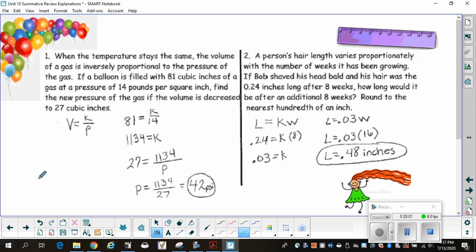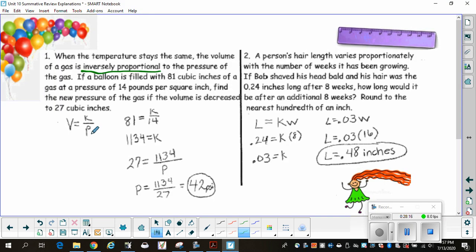So for this first one, when the temperature stays the same, the volume of a gas is inversely proportional to the pressure of the gas. Right there, it tells you inversely proportional, that's inverse variation. So volume equals K over the pressure. Then they tell you that at volume 81, the gas pressure is 14.